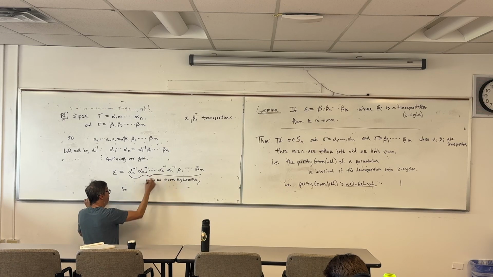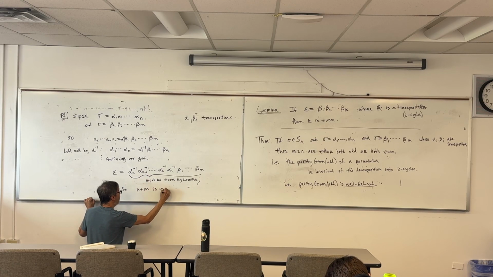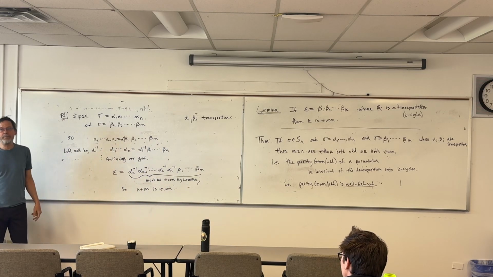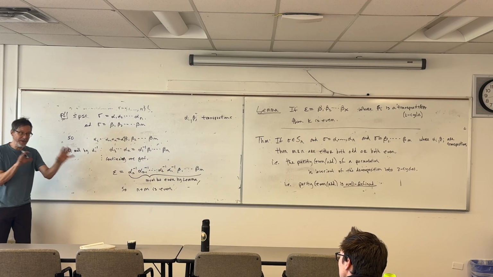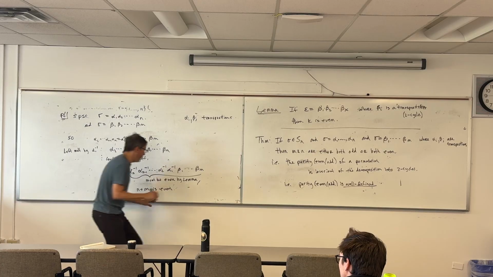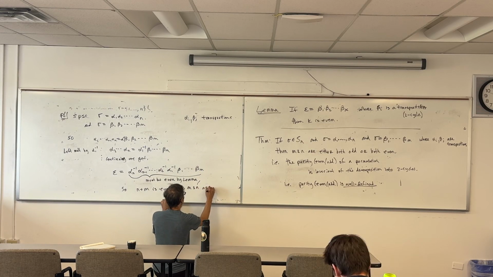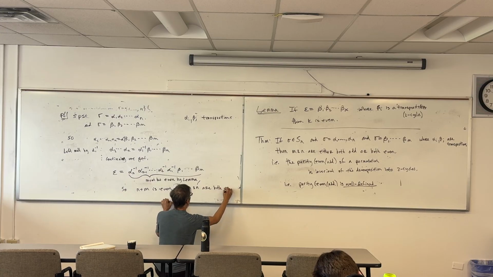So the number of things here, n plus m, is even. What happens if you add an even and an odd? It's odd. Odd and odd is even, even and even is even. So the only way this can be true is if m and n are both even or both odd.